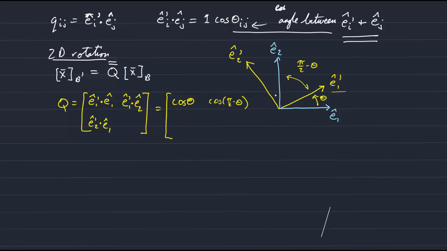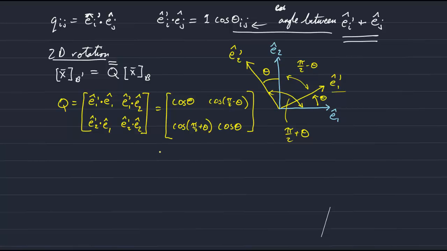And this angle is pi over 2 plus theta. And finally, we have e-hat-2 prime dotted with e-hat-2. And that's this angle, and this is theta. And so we have cosine of theta.